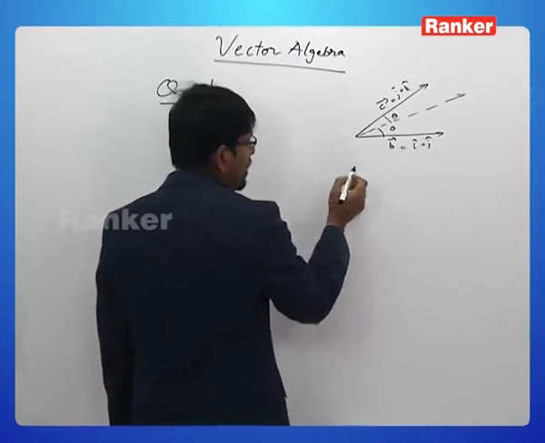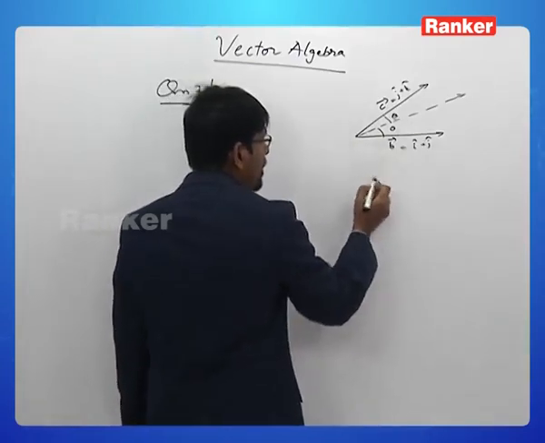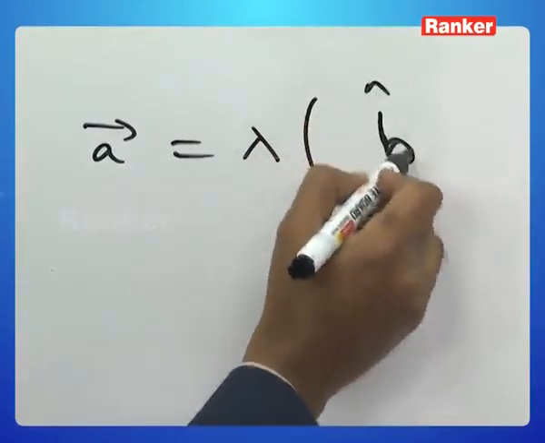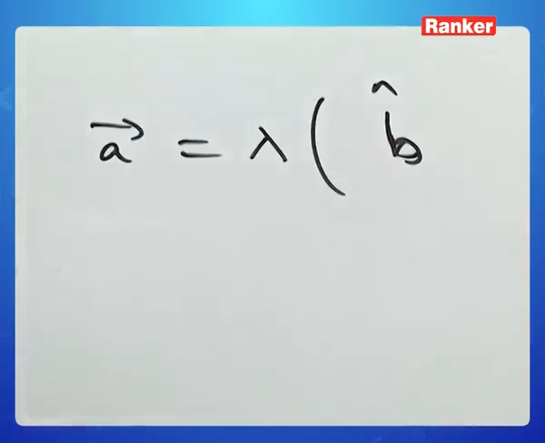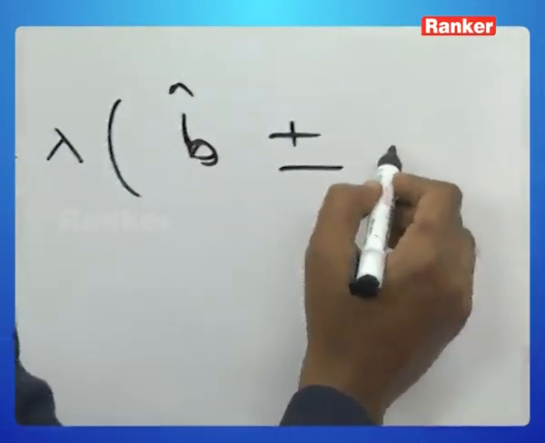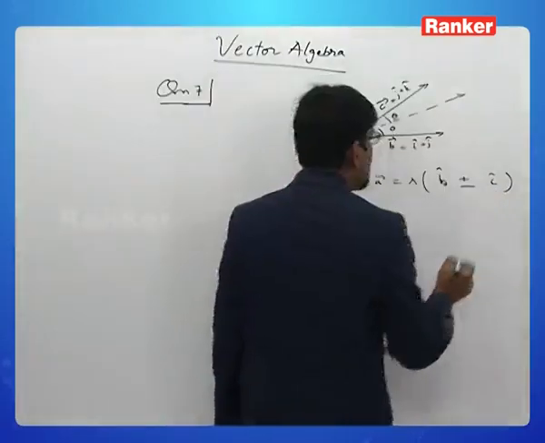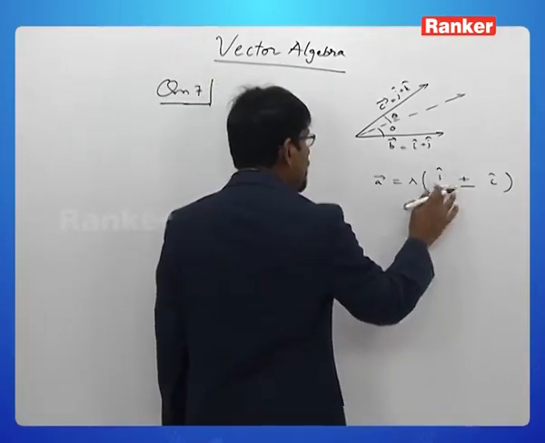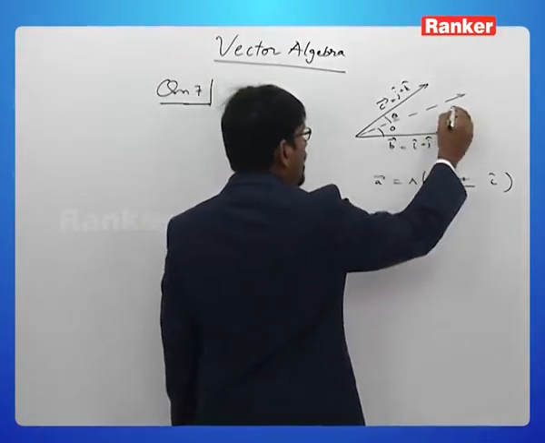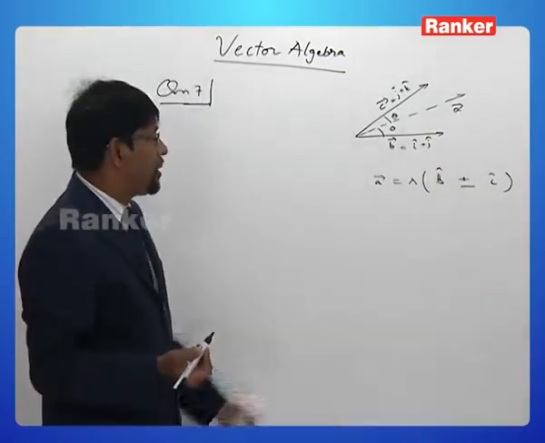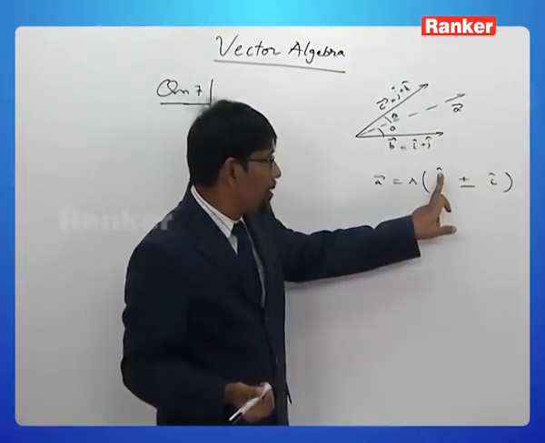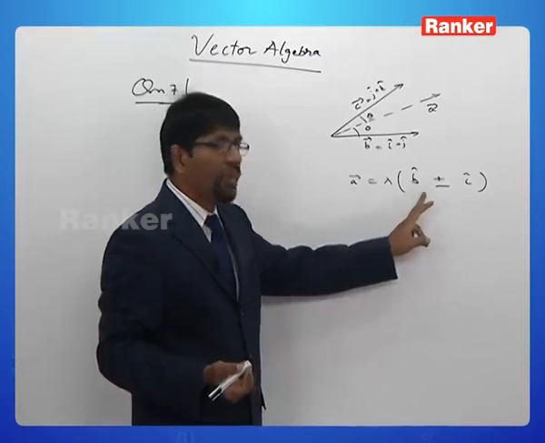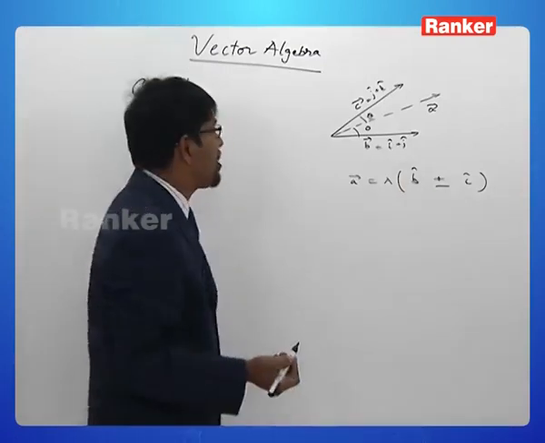So then the a bar could have been in the form of lambda times b cap, that is the unit vector along b, plus or minus c cap, where again c cap is the unit vector along c bar. So let us write it. The vector a bar, he says, is bisecting the vectors b bar and c bar, so it could have been in the form of lambda times b cap plus c cap or b cap minus c cap.